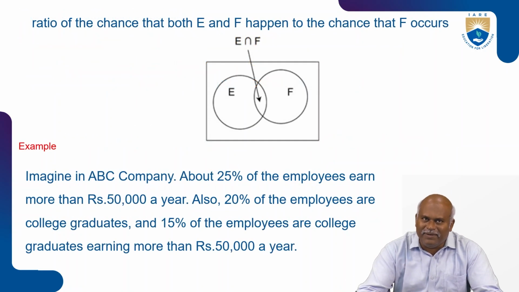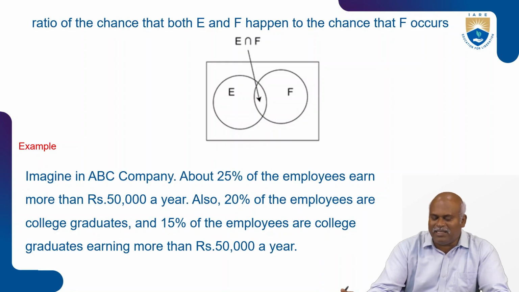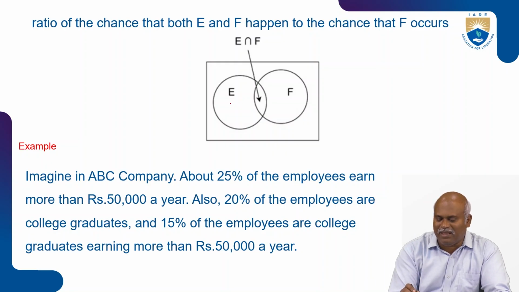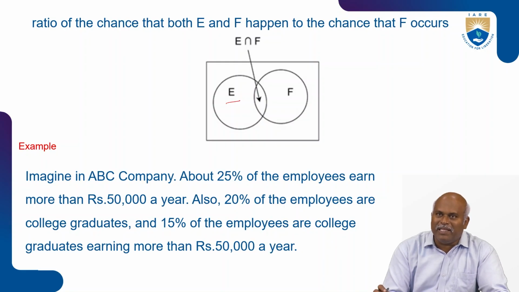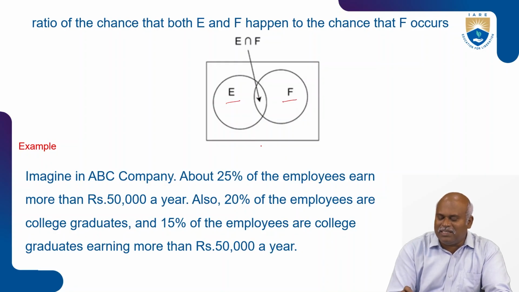Here we show the Venn diagram: the event E, and the overlap between the two events is represented as E ∩ F. Okay, so this is a Venn diagram.